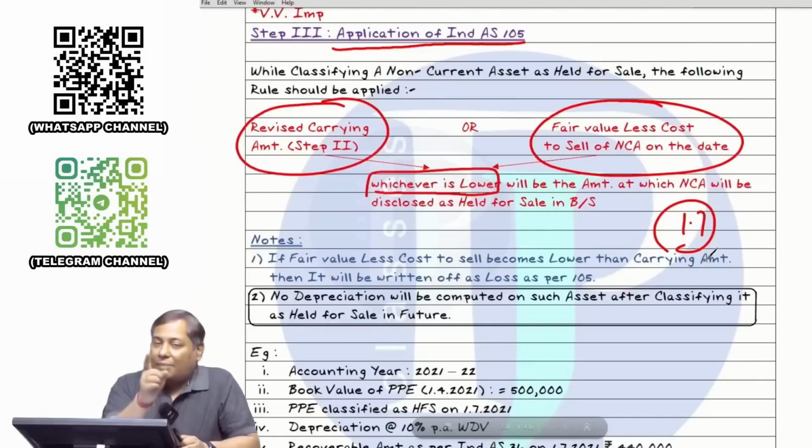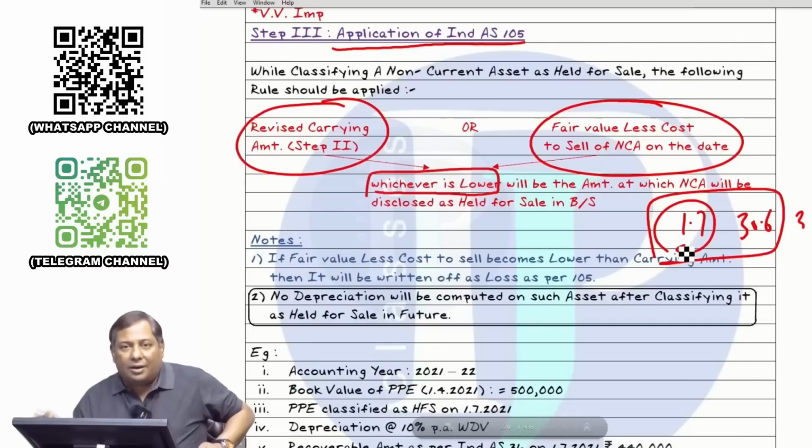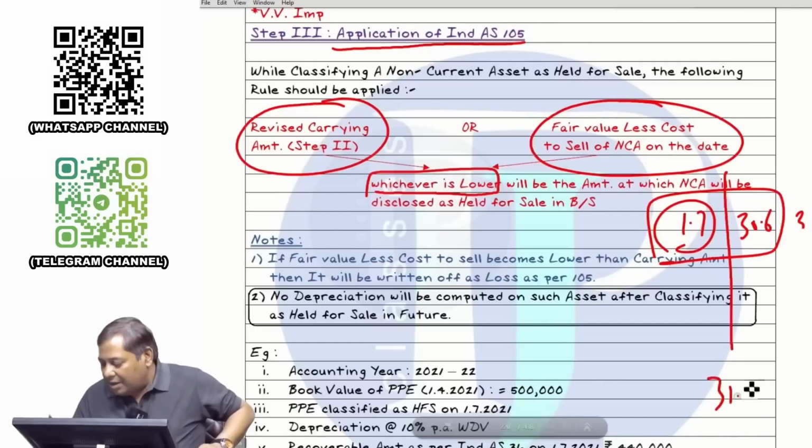And one more thing. I told you recently that sales are highly probable. So if you come to HFS on 1st July, then you have to complete this work before 30th June of the next year. But 31st March will come in between.